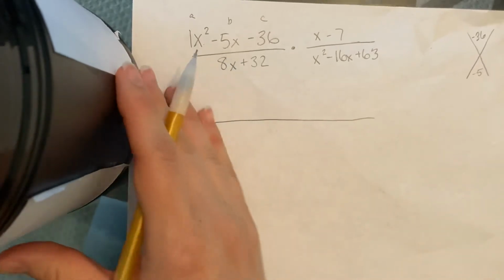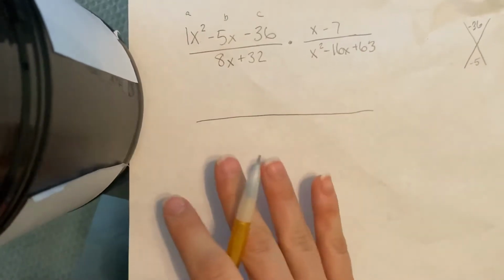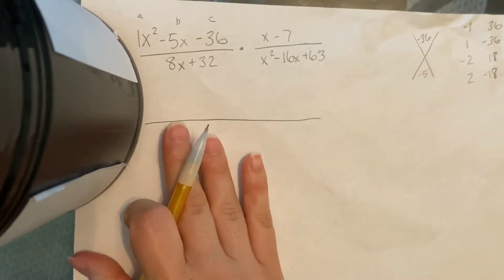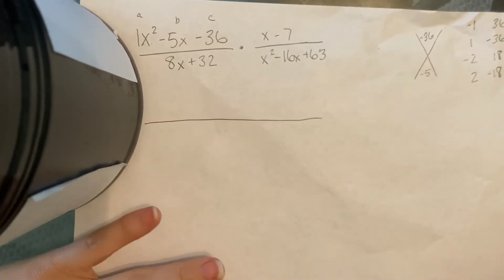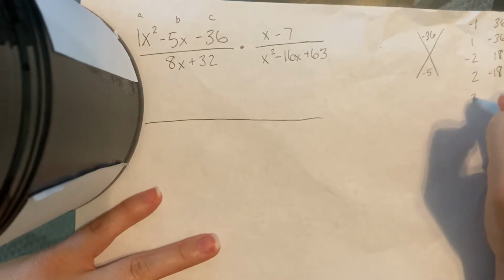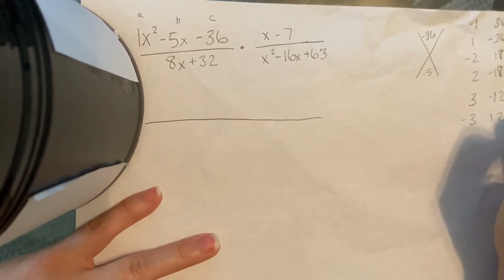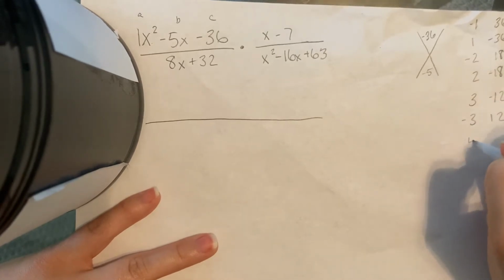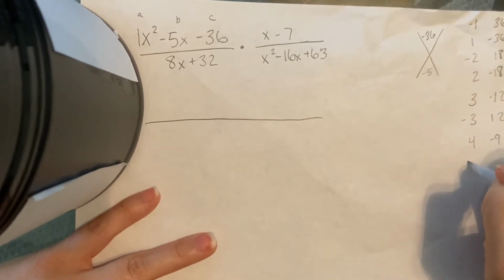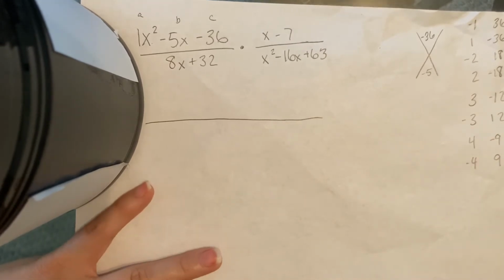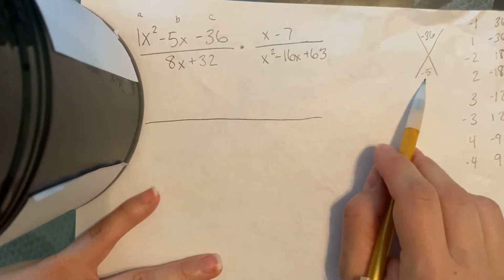Oh, you guys can't see that. 3 and negative 12. Negative 3 and 12. And then 4 and 9, or negative 4 and 9. And that is the entire list. Now I need something that's going to add to negative 5.